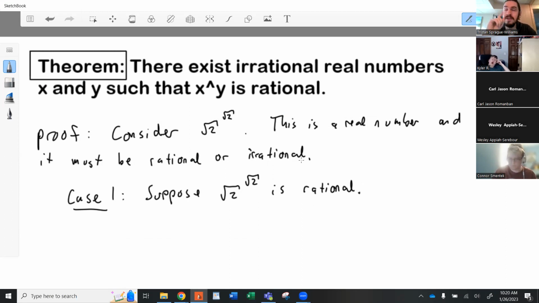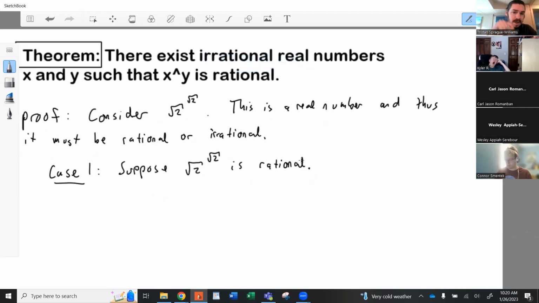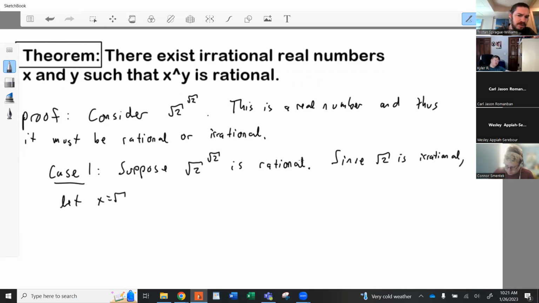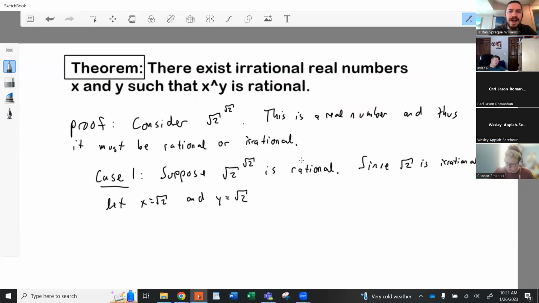At least if that were the case, then since we do know that the square root of 2 itself is irrational, what we can do is let x equal the square root of 2 and also let y equal the square root of 2. x and y are supposed to be irrational numbers, right?